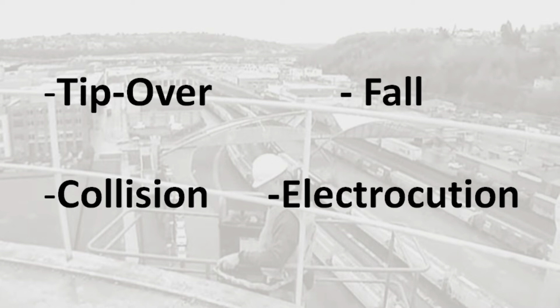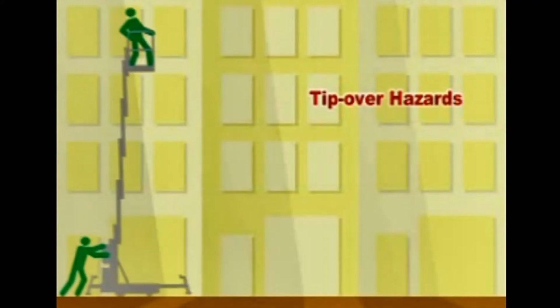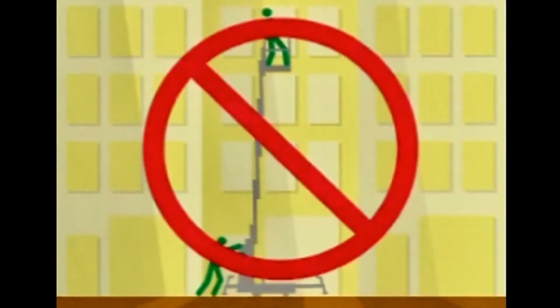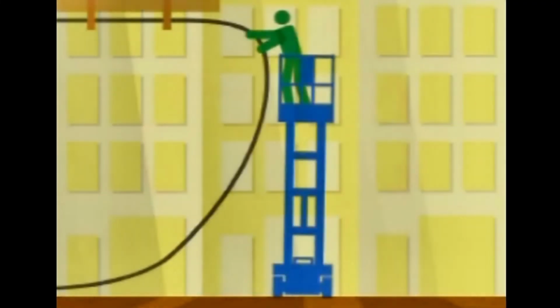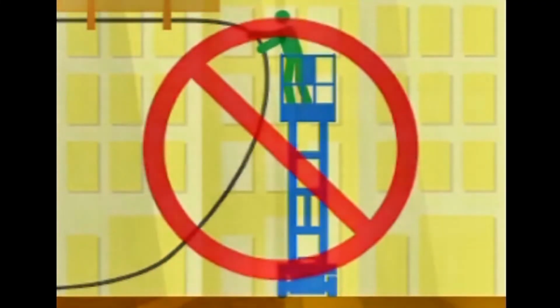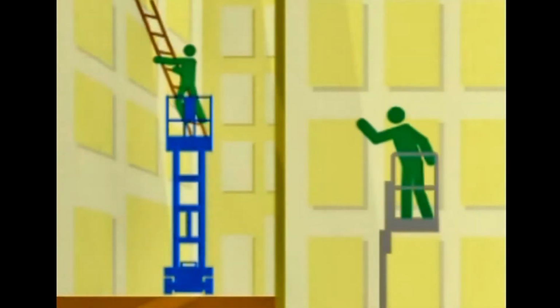Common sense and planning are required to determine if your work activity will affect the lift capacity and stability of the machine. Here are some situations to think about and avoid. The machine must not be moved with the platform raised unless it is designed for this purpose. Pushing or pulling on objects outside the platform. Placing ladders or scaffold against the machine.